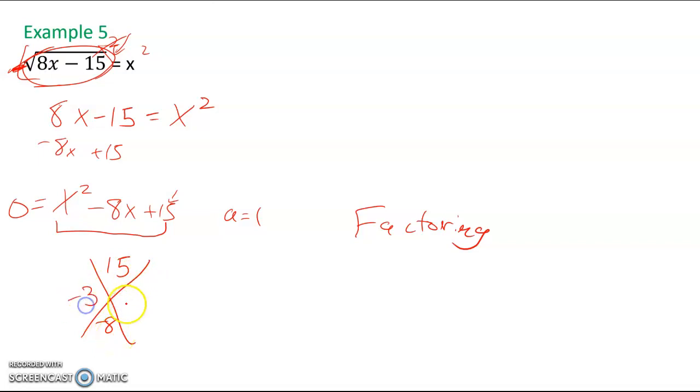Those numbers happen to be negative 3 and negative 5. And then from there, we can say that x minus 3 times x minus 5 is equal to 0. Because again, all we're doing is basically rewriting this equation as this right here.